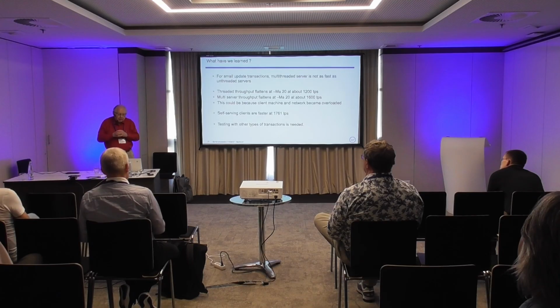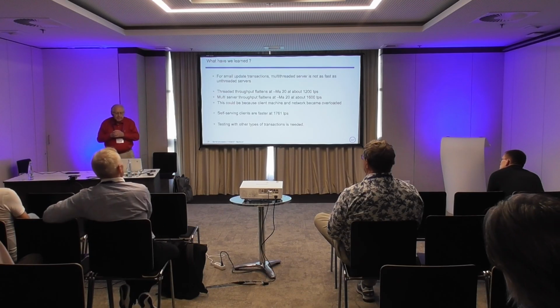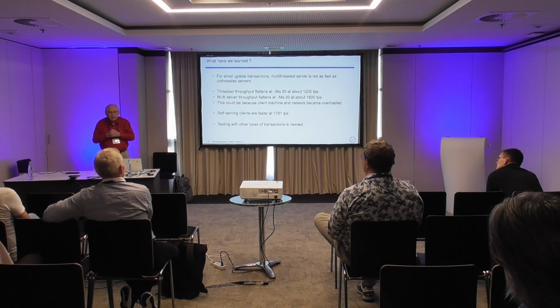Okay, but what we can see is that both the threaded and multi-server throughput flattens, and I expect if I keep raising -MA, in the threaded case, it'll taper off too. But I haven't done that because I stopped at 75.